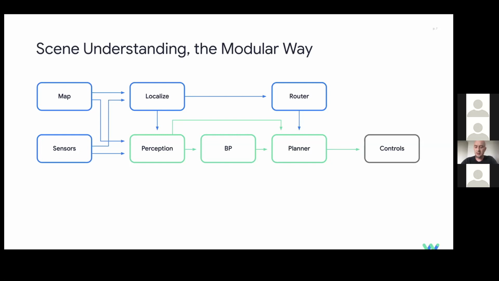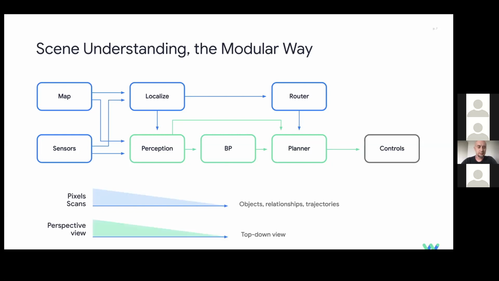And there are several common trends, such as going from millions to tens of millions of pixels and scans early in the pipeline to notions of objects, relationships, trajectories, and attributes later in the pipeline when we make the decisions. And we typically go from an image view and perspective projection to a top-down view and Euclidean projection, which again tends to generalize better for the diversity of situations that you handle.